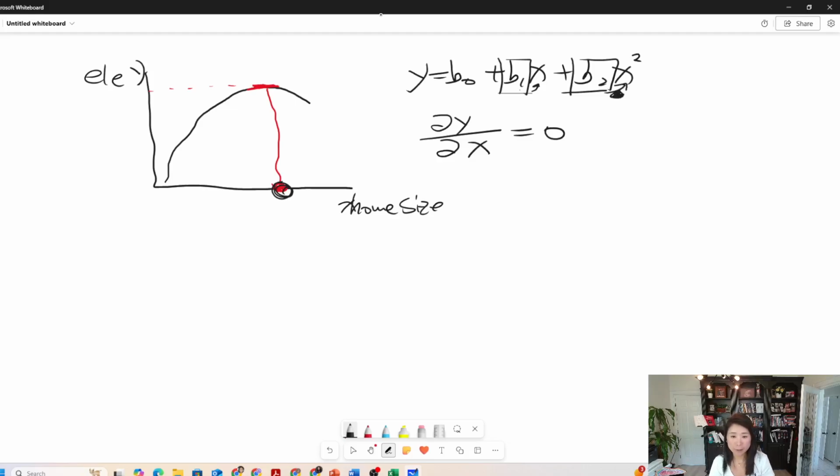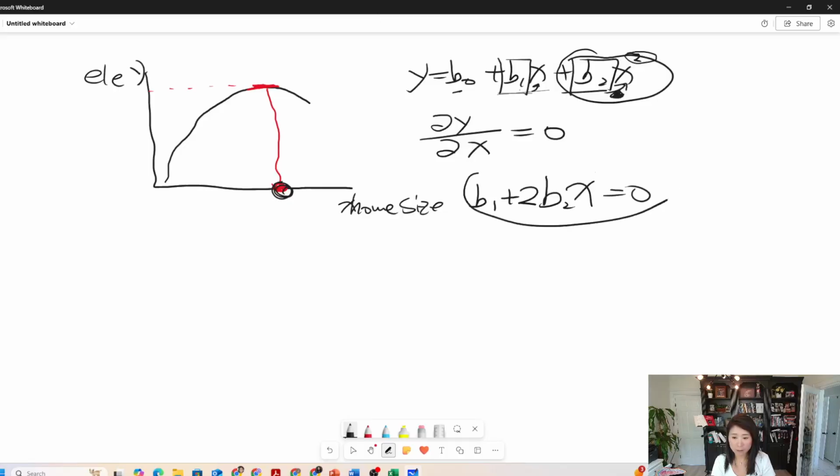Taking the partial derivative, the constant becomes 0 and no longer exists, the b1x term leaves b1, and for the x squared term, the power 2 moves to the front and the power becomes 2 minus 1, leaving x. So it will be b1 plus 2 times b2x, and that has to equal 0.